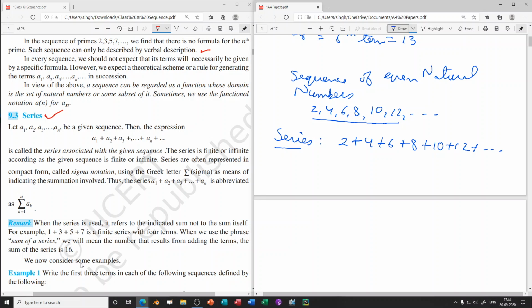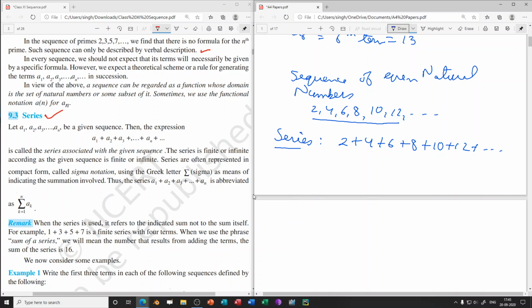Series are often represented in compact form called sigma notation, using the Greek letter sigma as a means of indicating the summation involved. Thus, the series a1 plus a2 plus a3 plus so on till an is abbreviated as summation k equal to 1 to n of ak. For example, let us take one example.